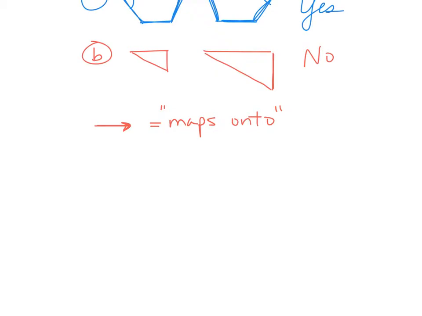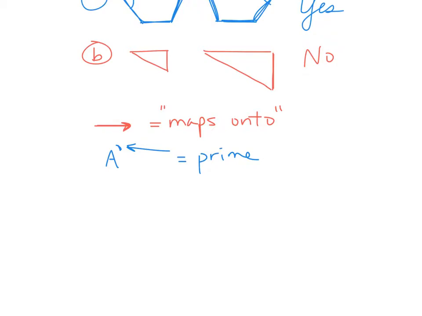That's what it means. Another thing, when you see this little apostrophe, that is prime. So when you see A with the little apostrophe, we would say A prime.